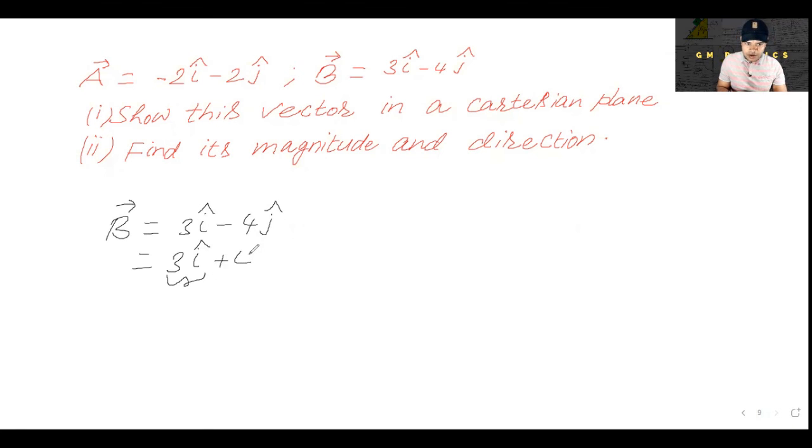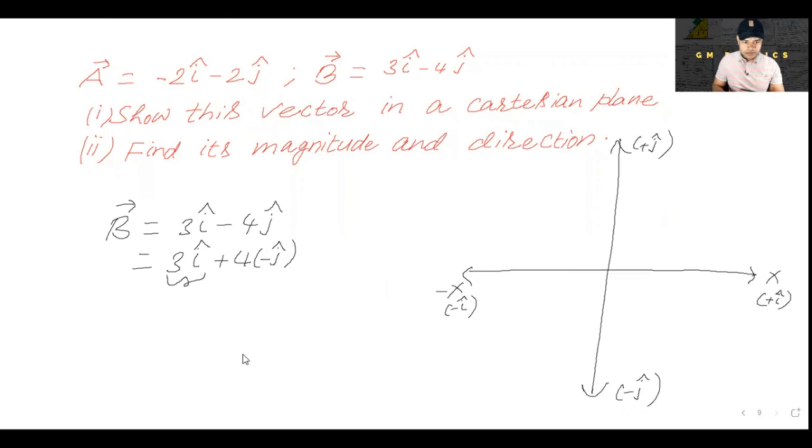Here we can write plus 4 along minus j, means along negative y-axis. What is the projection? That is 4 units. So since we know both the components, both the projections, that is along x-axis and y-axis respectively, we can easily show that vector in the Cartesian plane.